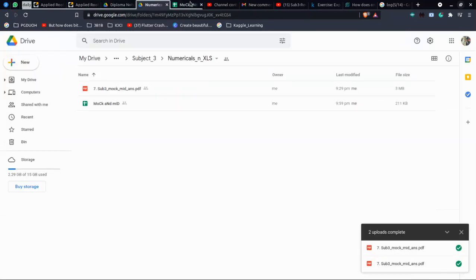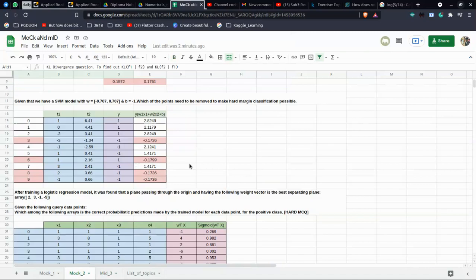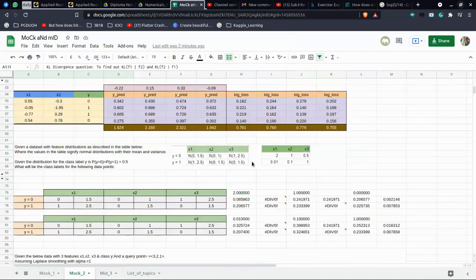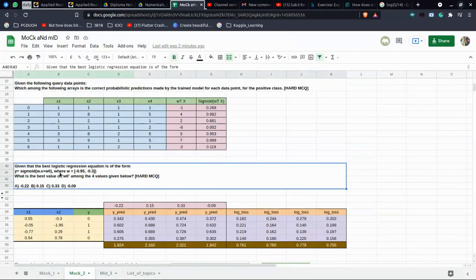Right, so yesterday we saw this kind of question when W0 was missing. Let me show that question also so that you can relate. Yes, this one. They had given W1 and W2, and we needed to find the best choice of W0.